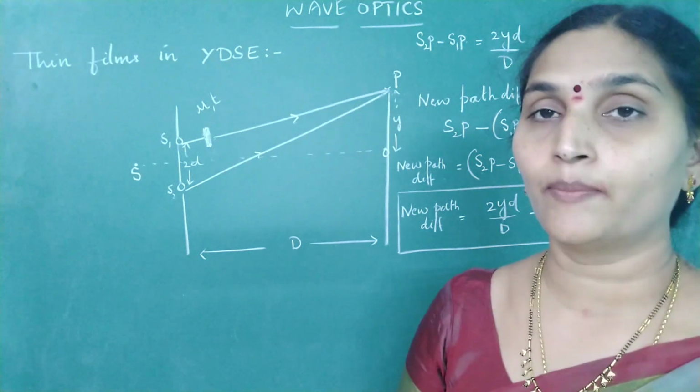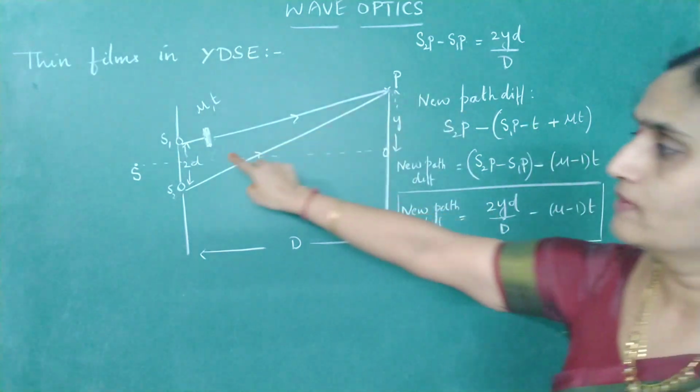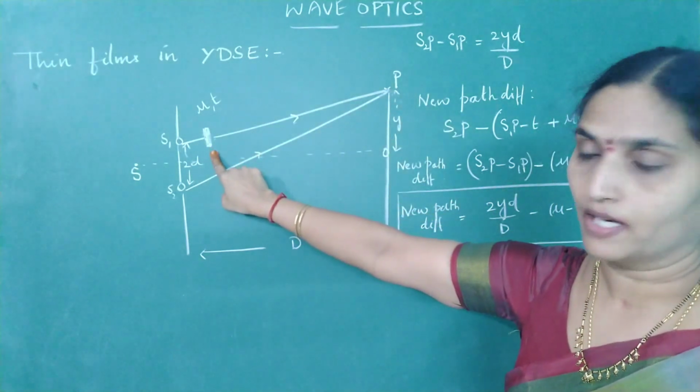So what is the change in the path difference? The path difference has decreased by mu minus 1 into T when a thin film is introduced in the path of S1.